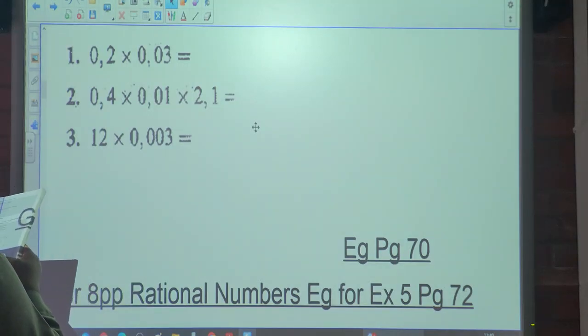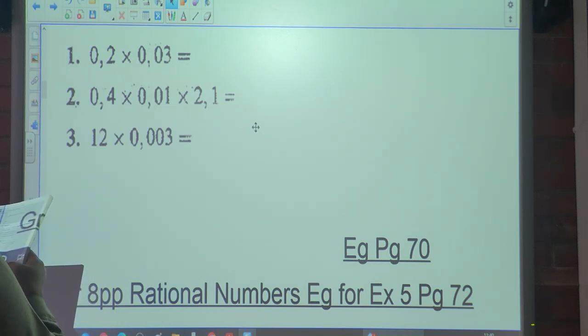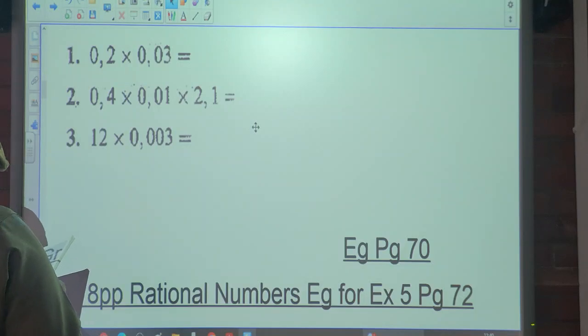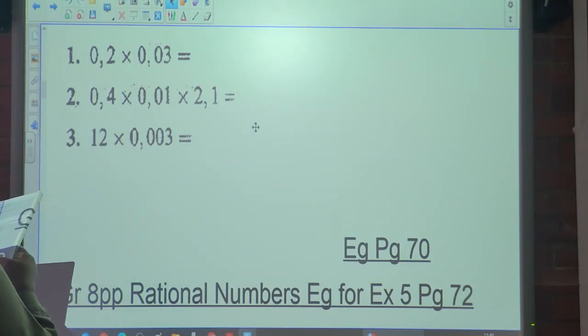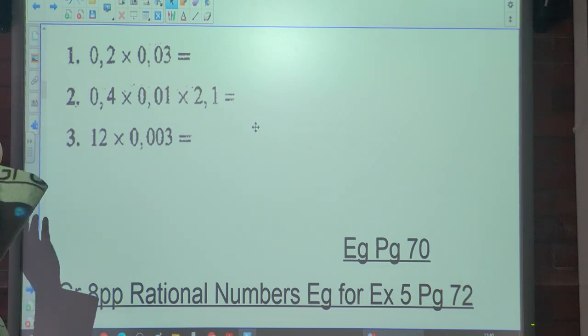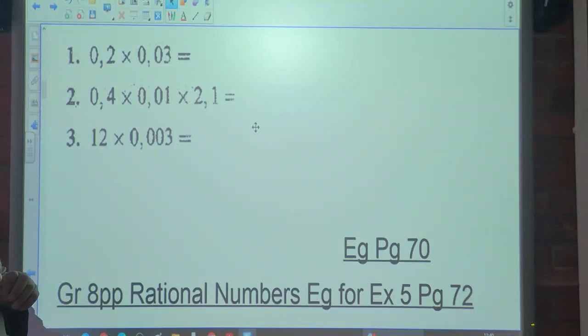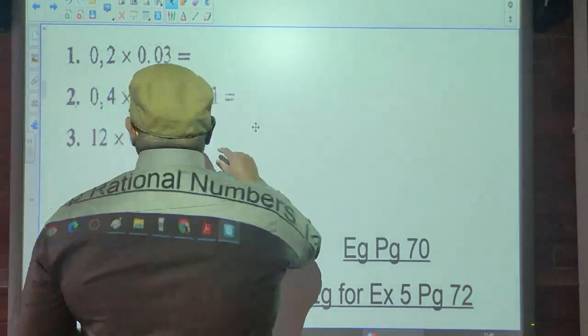Now add the number of decimal places in the two numbers which have been multiplied in order to find the number of decimal places in the answer. So what are they basically saying there? I'm going to first take the numbers and multiply them, and then consider the decimal places. You see that, people?